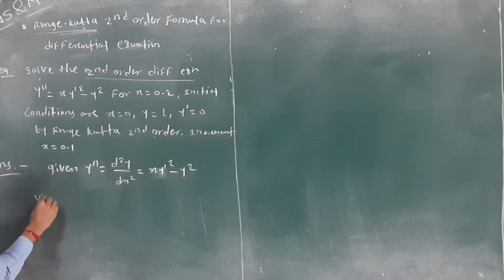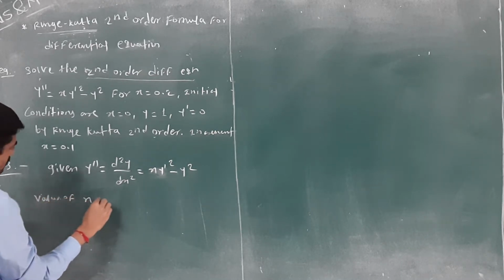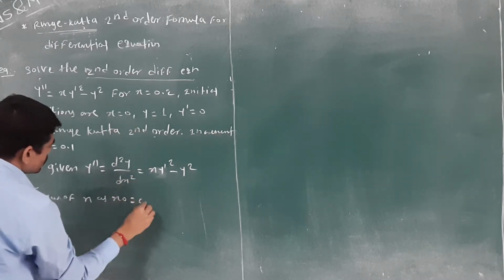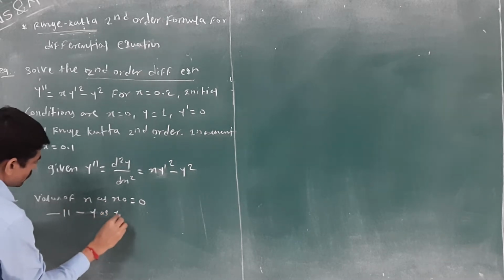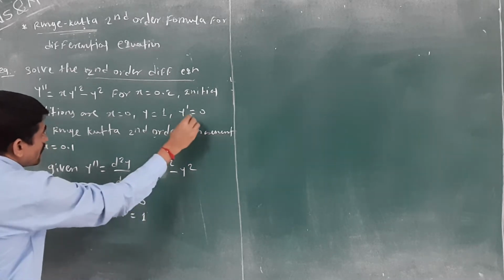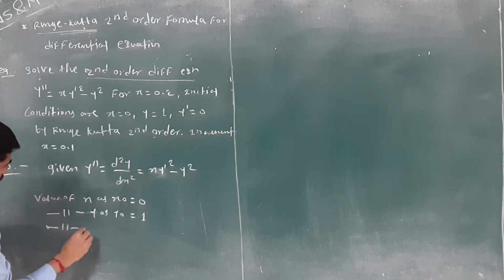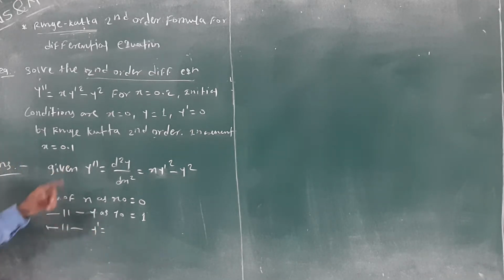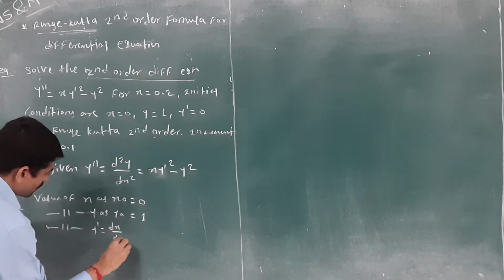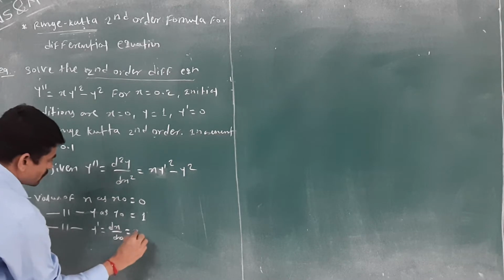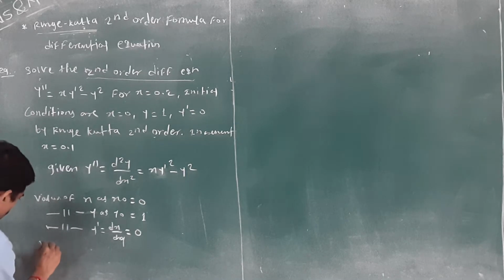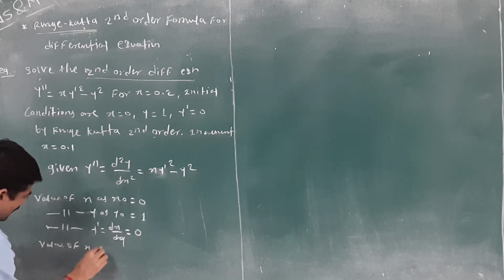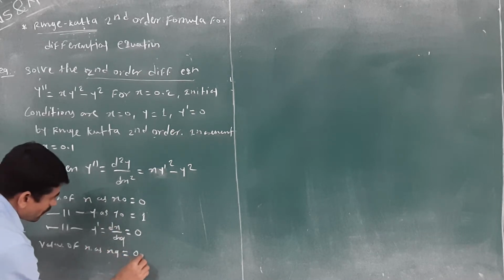The value of x as x0 is equal to 0, the value of y as y0 is equal to 1, and y dash is equal to 0, and the same is given in the initial conditions. Then we are given the value xg, I will write here x as xg is equal to 0.2.